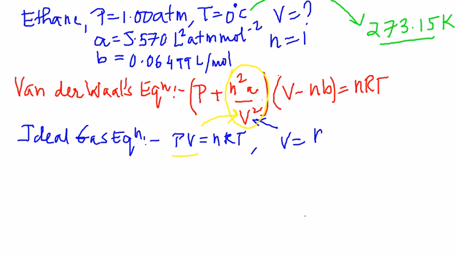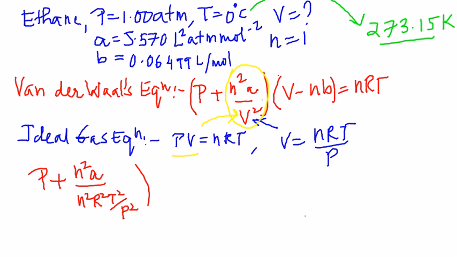So let's write what we get from there. V is equal to nRT divided by P. So substituting into van der Waals equation, we're going to end up with P plus n square a divided by n square R square T square by P square, times V minus nb.